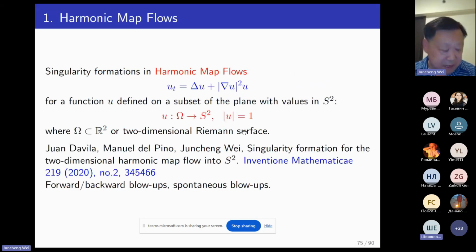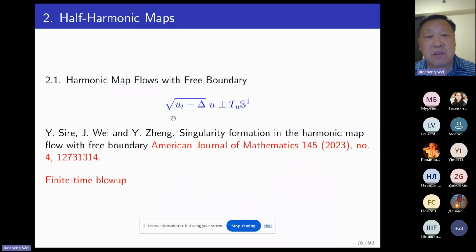Now, combining all these methods, you can almost deal with all kinds of singularity formations for geometric and physical flows. The first one is harmonic map flow, and in this paper with Juan Davila and Manuel, we are able to construct both forward and even backward blowups, and we can also construct spontaneous blowups without assuming any symmetry assumption on the initial conditions. And you can also do fractional, non-local.